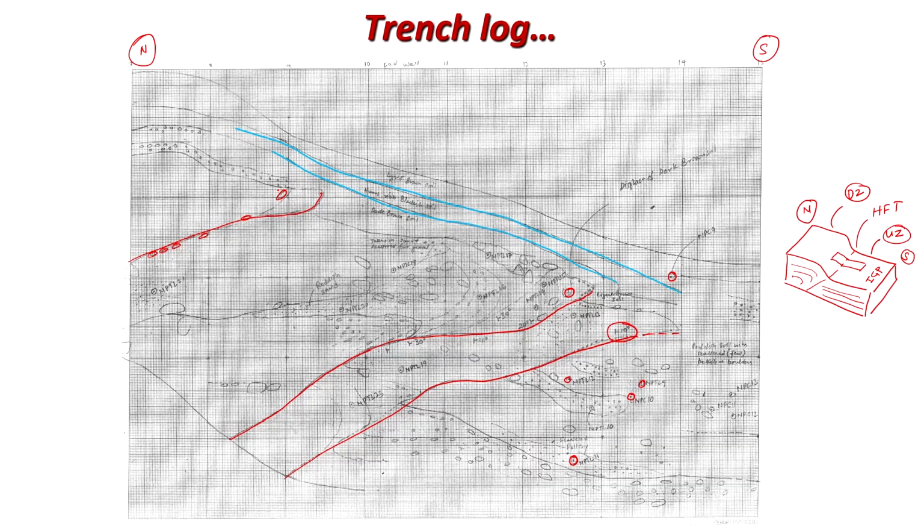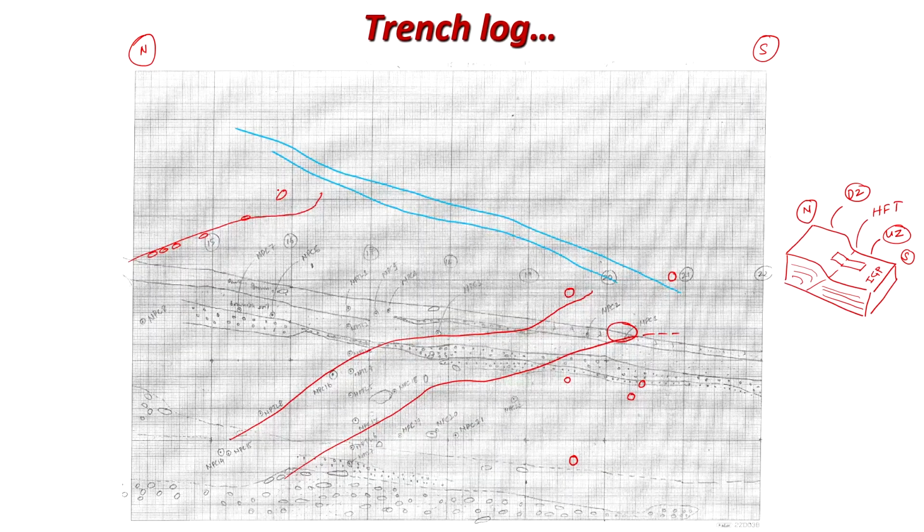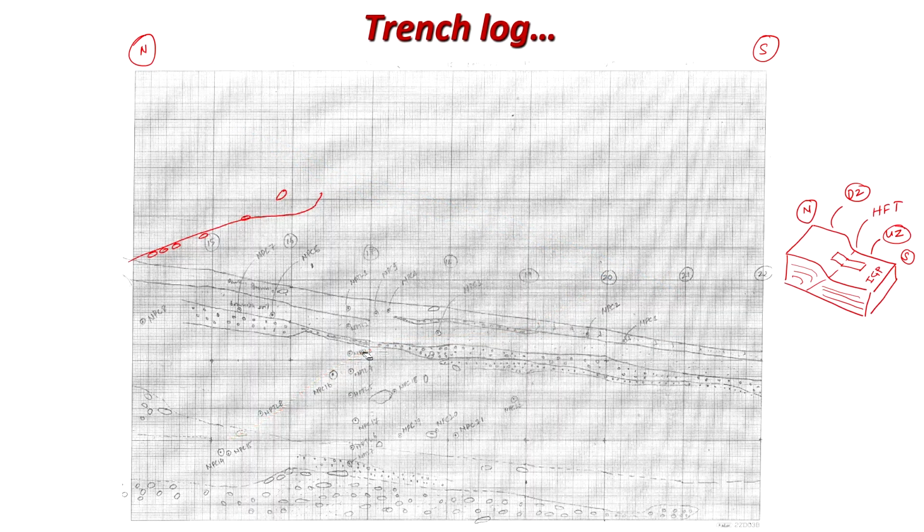But as I mentioned in the previous lecture also, now you have a digital platform available where you have digital photographs, you can mosaic them, and then you can have more detailed trench logs. And then as you move further down, you see that the units are almost becoming horizontal.